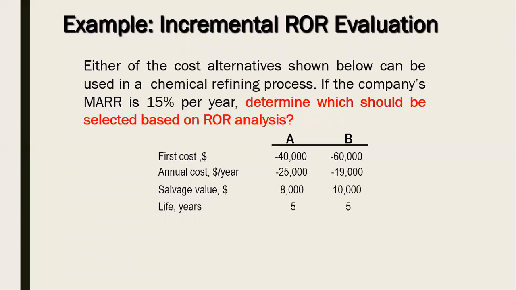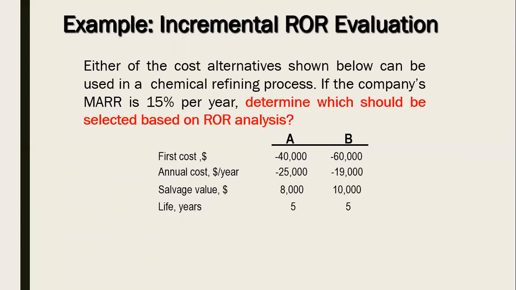Let's take an example of incremental ROR evaluation. Either of the cost alternatives shown below can be used in a chemical refining process if the company's minimum attractive rate of return is 15% per year. We need to determine which should be selected based on rate of return analysis.